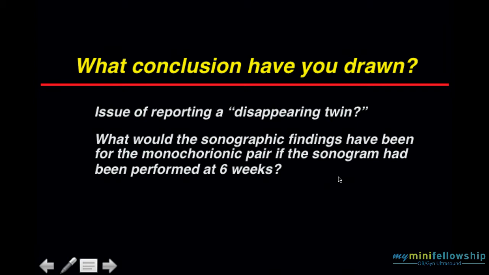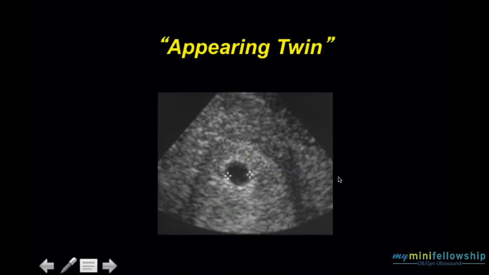Well, earlier than 6 weeks, then let's say 5 weeks. Maybe the other sac you might have interpreted as a small subchorionic bleed or something. No, just the monochorionic pair. You would have called it a singleton, if we were before that time.